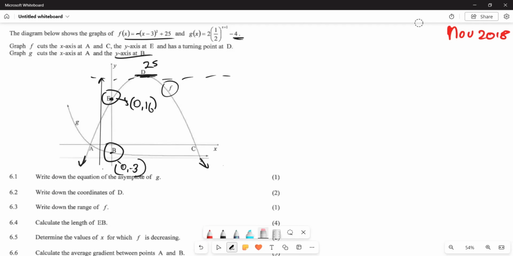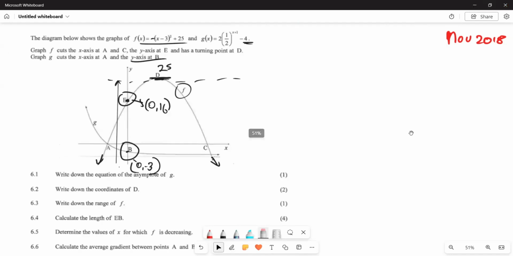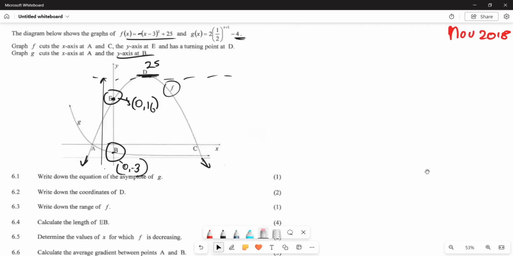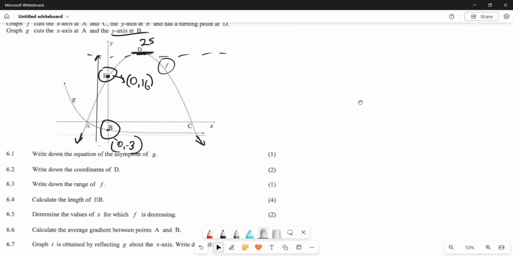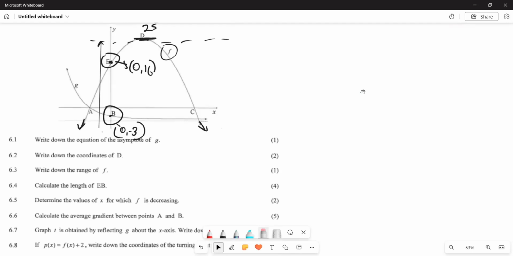So what is it that you are going to do when determining this type of question? Let's say this is the graph. Where is this particular graph decreasing?